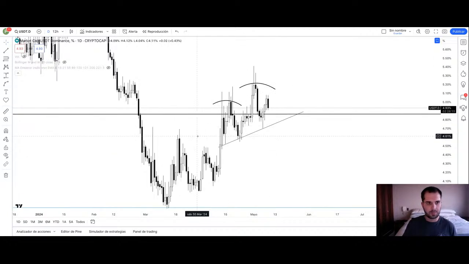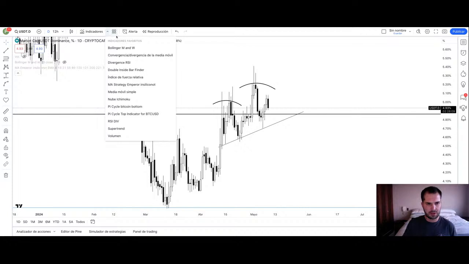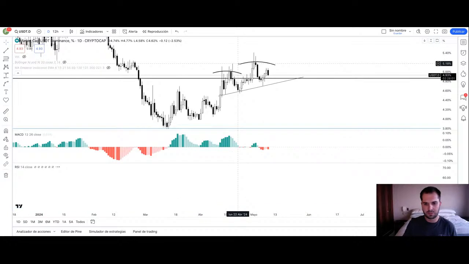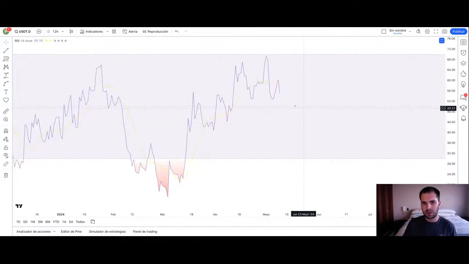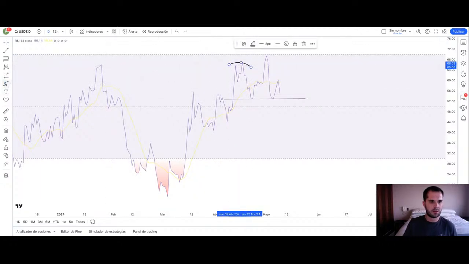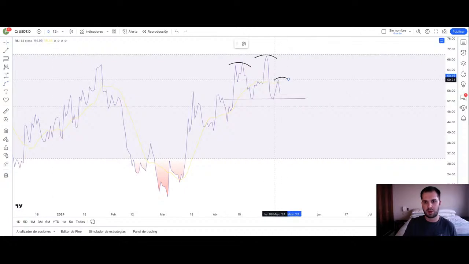And also I saw something interesting here on the RSI. Here you can look that we already have a potential head and shoulders pattern at play here. This would be the left shoulder, this would be the head, and this would be the right shoulder.